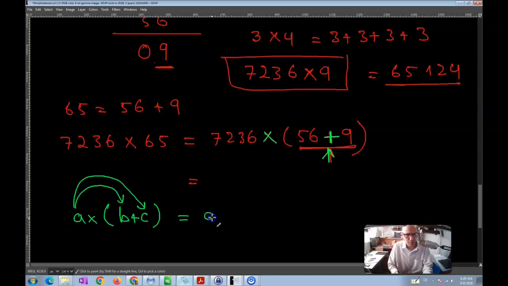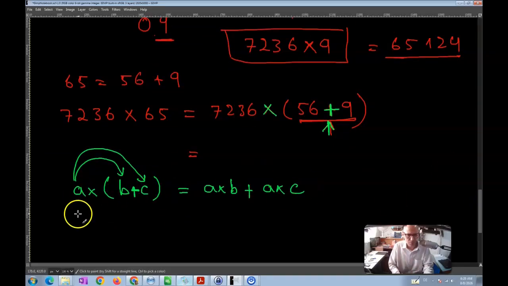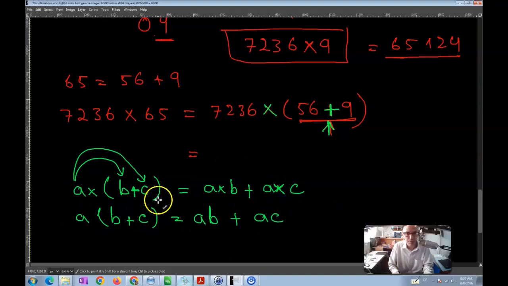So a times b plus, the plus comes from here, and a times c, right? And of course later on in algebra, we will just simply write a times b plus c is equal to a times b, which is ab, plus a times c, which is ac. We will write it this way. Both essentially mean the same thing.